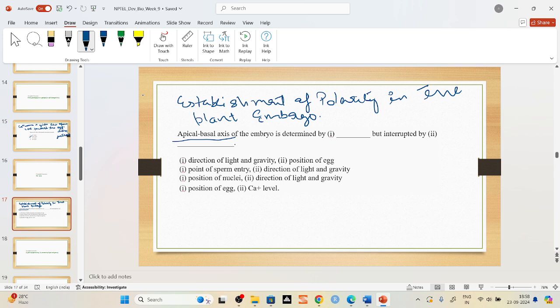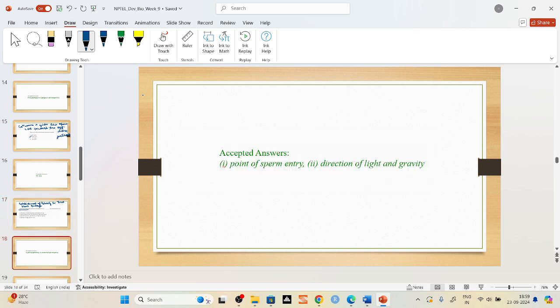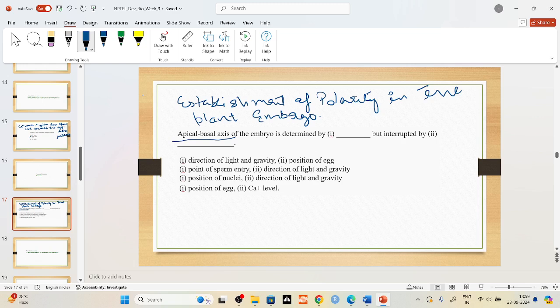So first we'll see what is the correct option. The correct answer is point of sperm entry, and second is direction of light and gravity. That means this one is the correct option. The apical basal axis of the embryo is determined by point of sperm entry, but interrupted by direction of light and gravity.